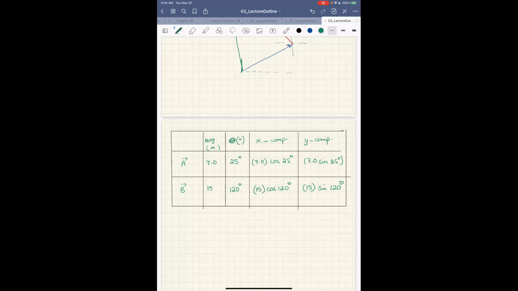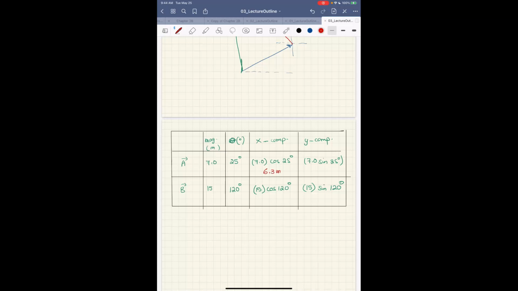Now I need to use my calculators first. Okay, 25 cosine times 7. You're going to get 6.3.